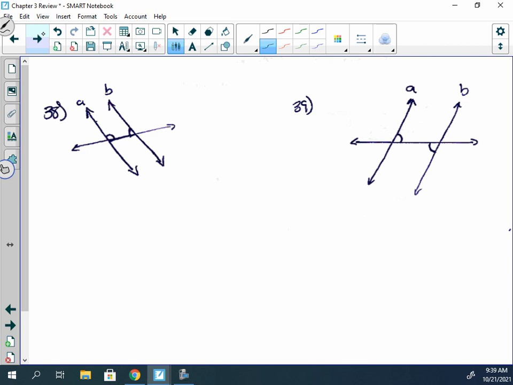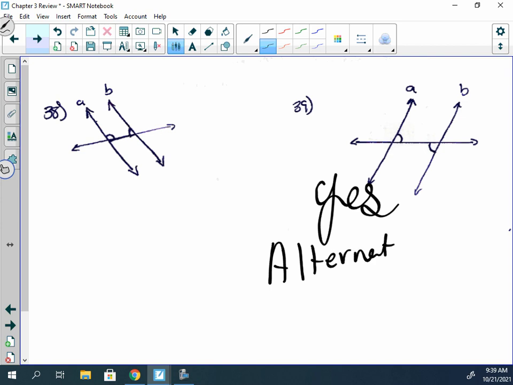39. So these two angles that are given with our marks, are they alternate interior, alternate exterior, or corresponding? They're alternate interior. And we could say alternate interior angles, because they're alternate interior angles.